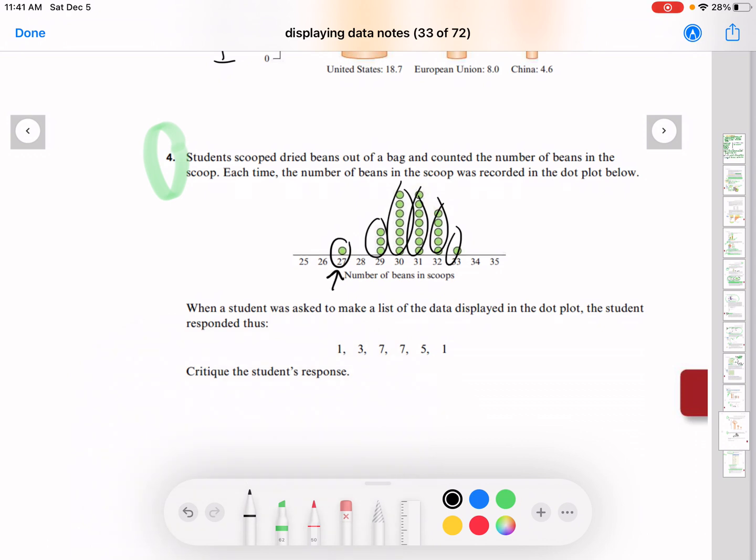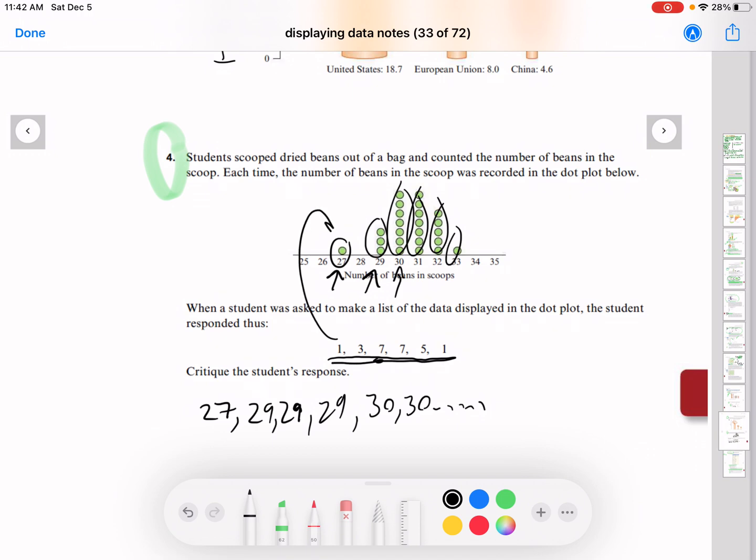The data was 27 happened once, 29 happened 3 times, 29, 29, 29. 30 happened 7 times, so it'd be 30, 30, and you'd write out 37 times, right? We didn't get a 1, 3, 7, 7, 5, 1. These correspond to the amount of those things. So this interpretation of those numbers is very unclear.